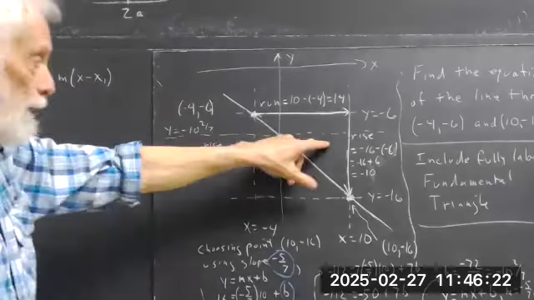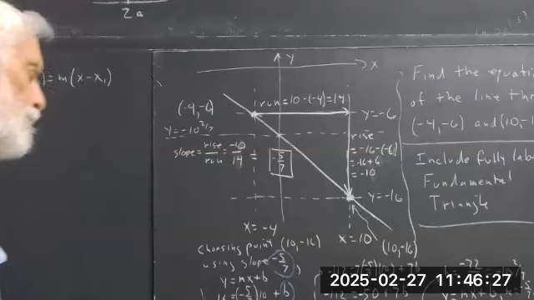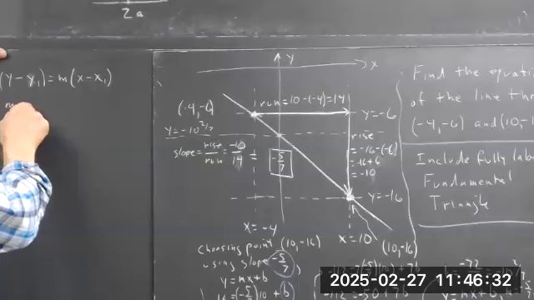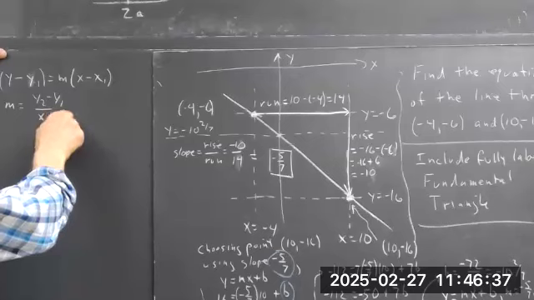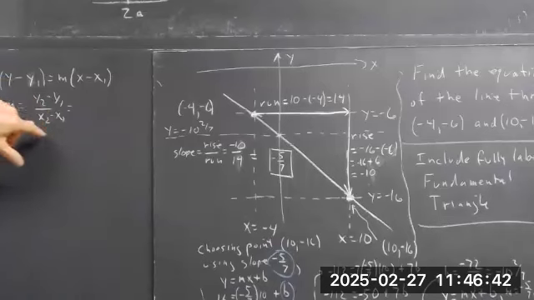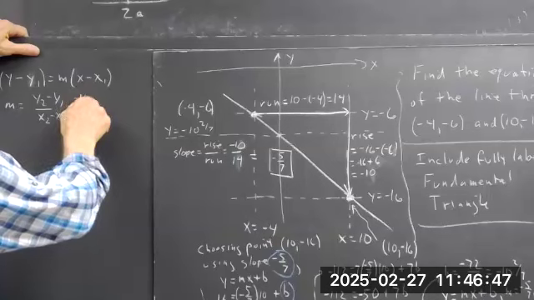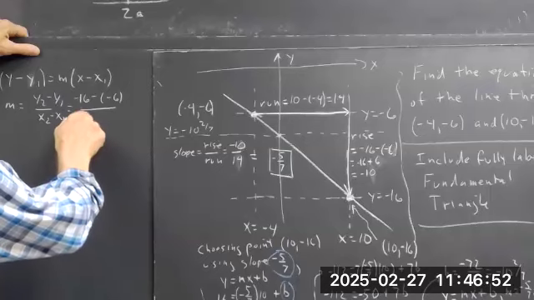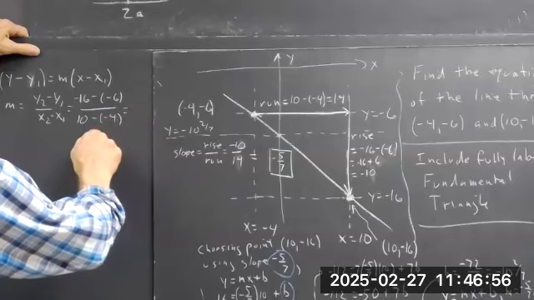Your m is your slope, so you're going to have that fundamental triangle, right? Now, you can get the slope without the fundamental triangle. M is y2 minus y1 over x2 minus x1, which is negative 16 minus negative 6 over 10 minus negative 4.